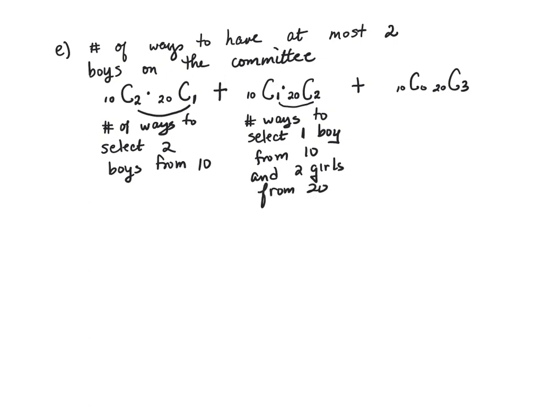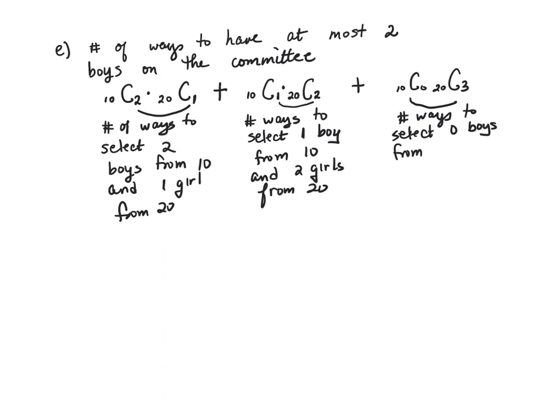And then finally, this represents the number of ways to select no boy from the 10 and 3 girls from the 20.